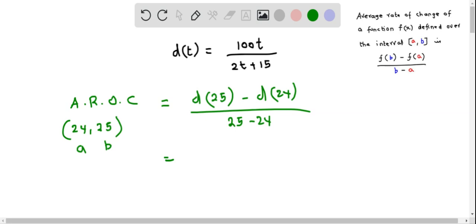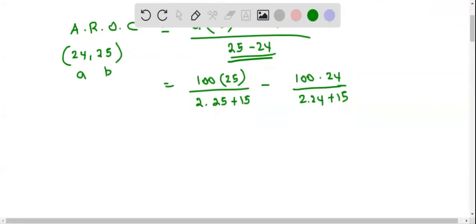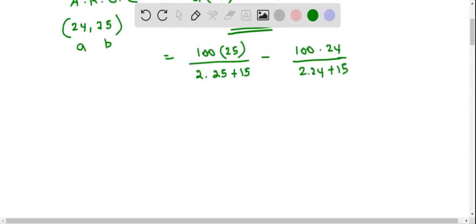So this equals, let's replace t by 25. So we get 100 times 25 divided by 2 times 25 plus 15, minus, replacing t by 24 now in d of t, 100 times 24 divided by 2 times 24 plus 15. And this is over 1, because 25 minus 24 is 1, so we don't need to put the denominator now.